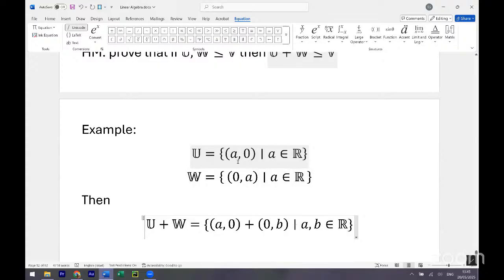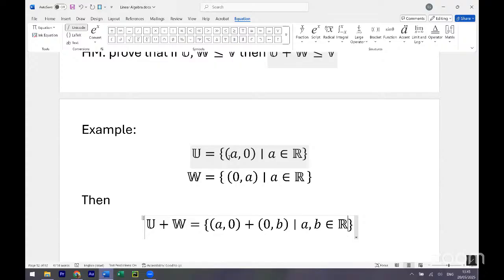And I'm glad, because that's the first confusion students usually have when they see this example. If you think of it geometrically, it would be clear, right? What is (a, 0)? It's the x-axis. What is (0, a)? The y-axis. What is the sum of these two? It's not just the line at 45 degrees, it's the whole plane.